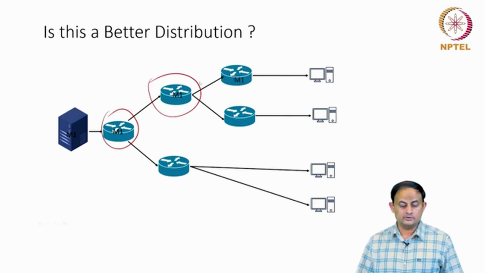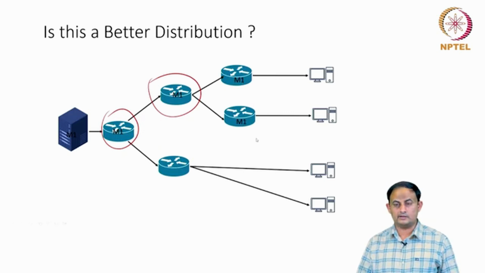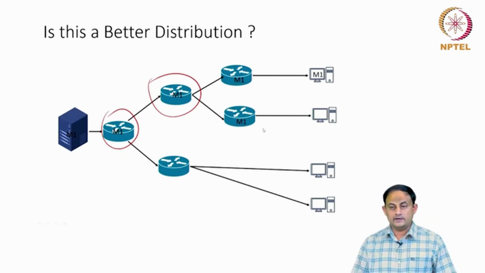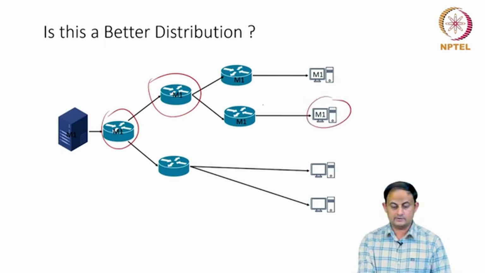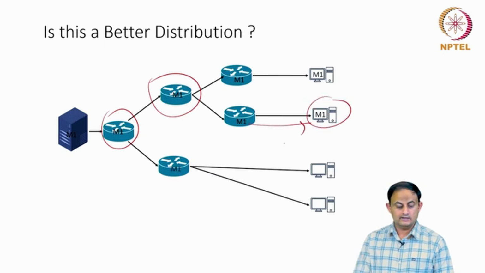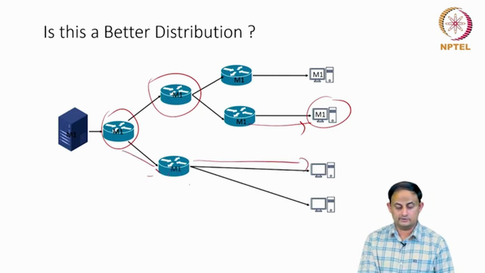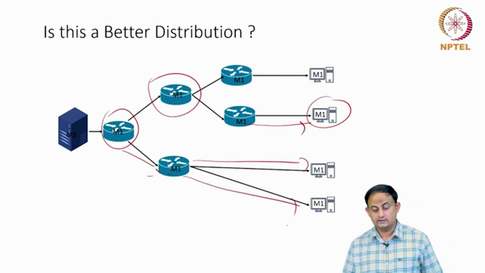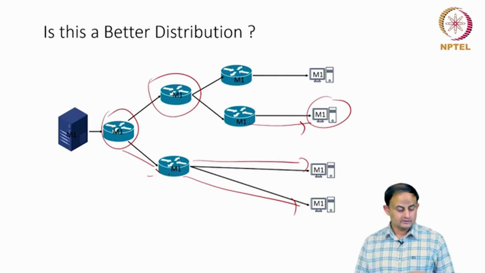So all I can do is go to this router and ask, can you give me M1, and it gives. This router can also ask this one, can you give me M1, and it gives. So finally M1 comes from this router to this end user, and again the same M1 comes from this router to this guy, and one time to this guy, and one time to this guy. This is how the content can be delivered.